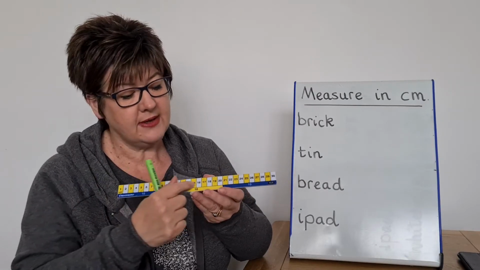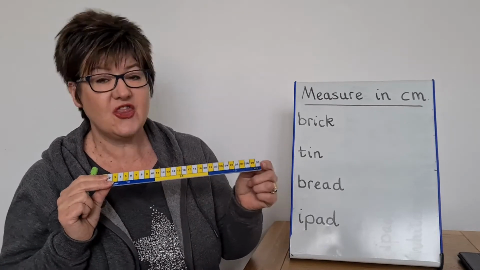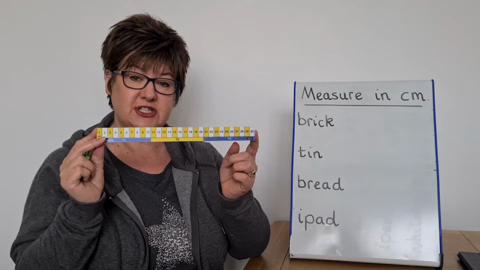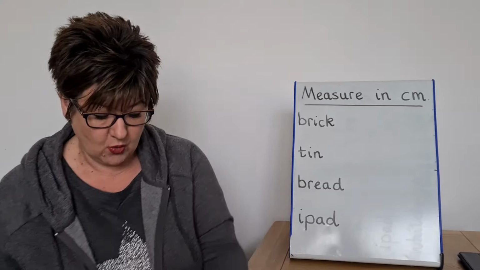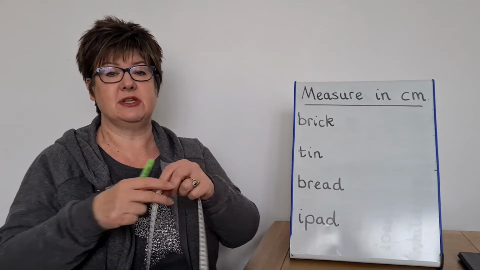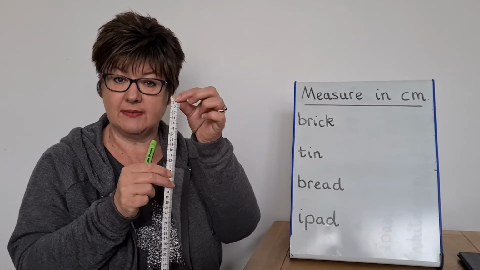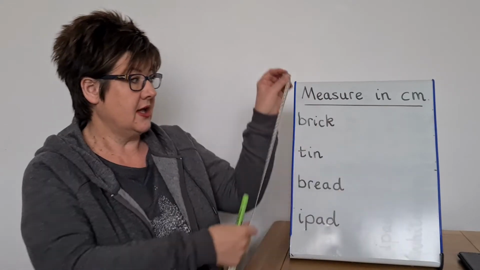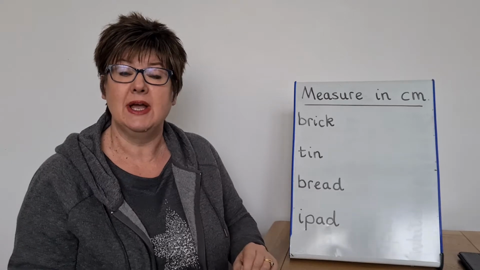This ruler has centimetres up to 30, so I can measure things that are up to 30 centimetres long. In the classroom we have tape measures, don't we? We've got some blue tape measures in our classrooms and they've got centimetres marked on them as well. So we can use the centimetres to measure how long or how short or how wide or how narrow different objects are.